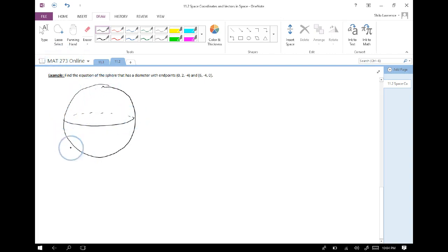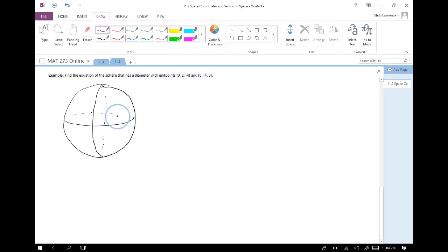So vertically, I've got a circle. Horizontally, I have a circle. And then this little sideways slice is also a circle. And what we have is 2 points on our diameter, which means they are directly across from each other with the center of our circle being exactly in the middle.